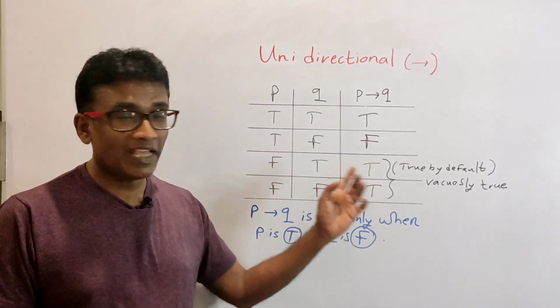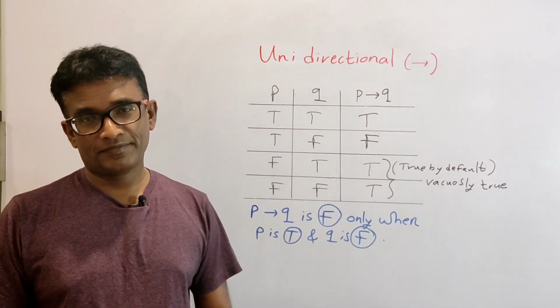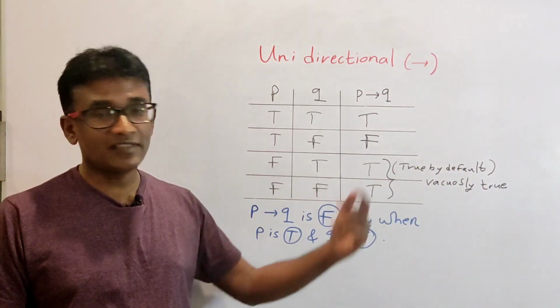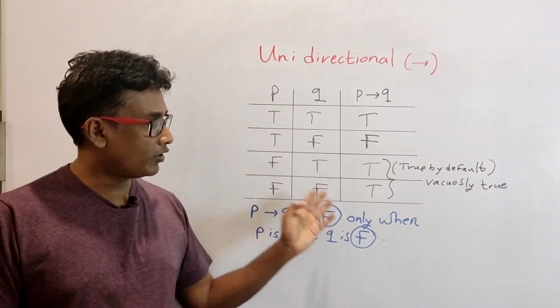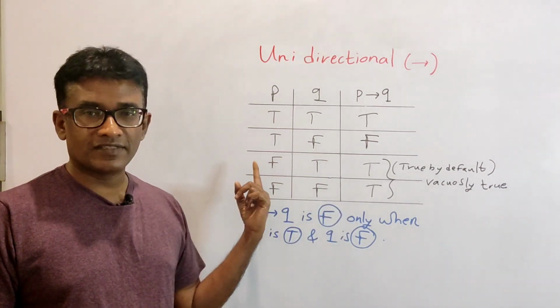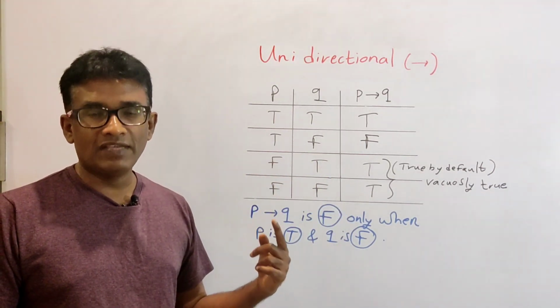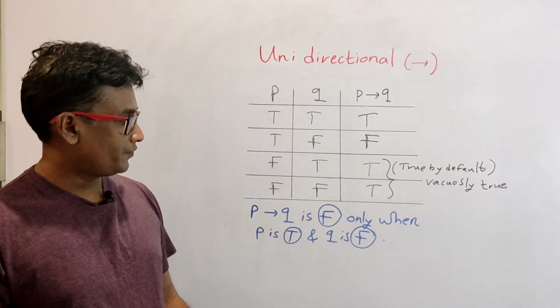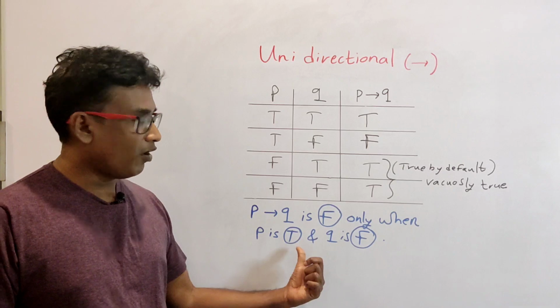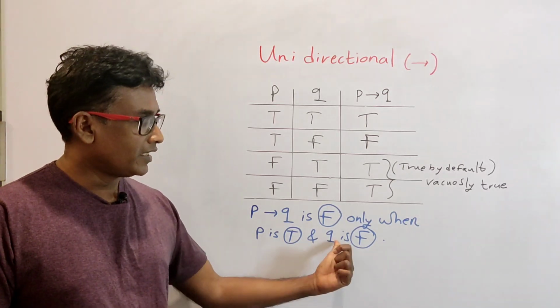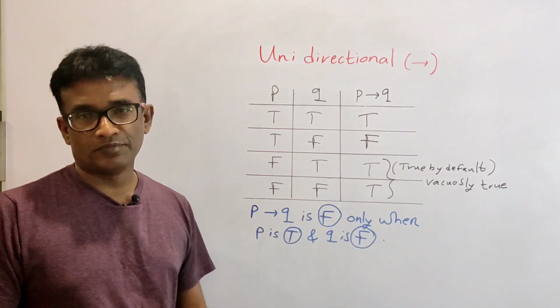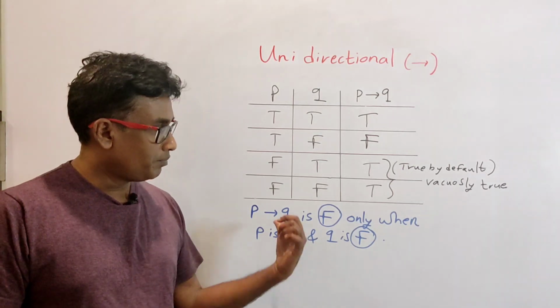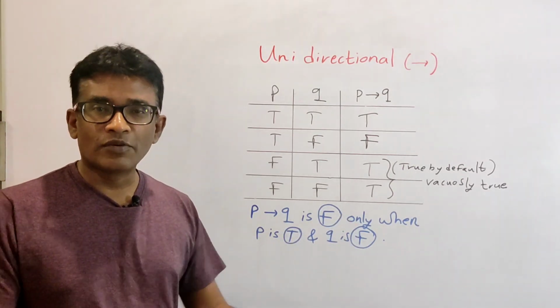Because the evidence is false, even if he is guilty or not. Because the evidence is false, he will be acquitted. Same way, if P is false, it doesn't matter whether Q is false or true. P implies Q is going to be true.